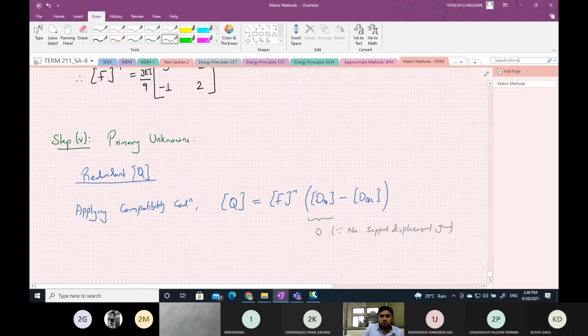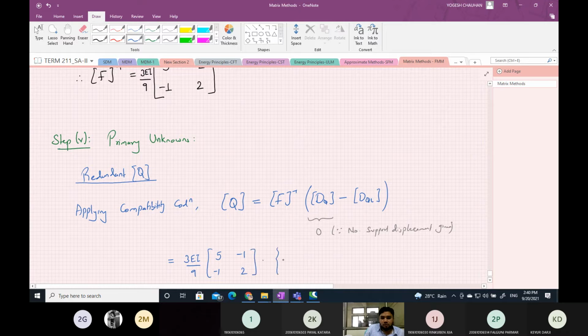Okay, so this will be equal to F inverse, which is equal to 3 EI by 9 into 5 minus 1 minus 1 2. This is the F matrix, multiplied by the DQL matrix, but that will be minus the DQL matrix.